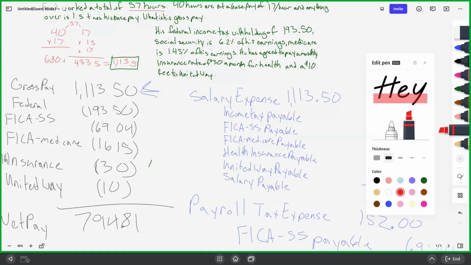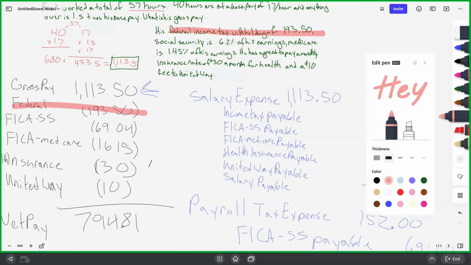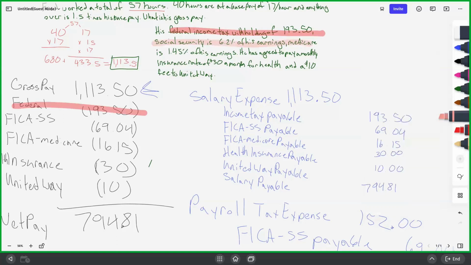First, we know that our gross pay is what we've calculated. Federal, we find through our federal income tax withholdings. Our Social Security is found by taking 6.2% of his earnings. So you take 6.2% times 1,113.50.